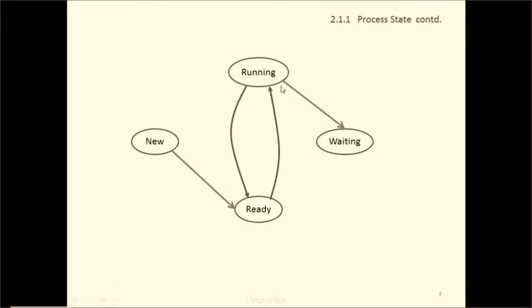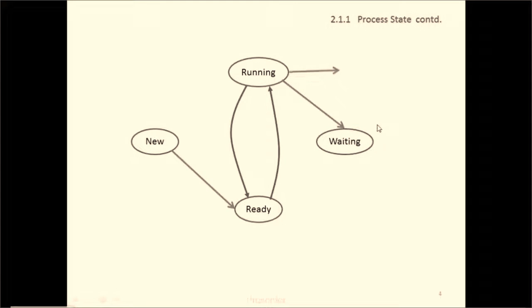So the better thing is to take away the CPU from such a process and put it into the waiting state. When the I/O is complete, something else will be done with the process. Or it might be waiting for a message from another process in the system. It goes into the waiting state. There are a number of reasons why a process goes from running to waiting. We'll be going into the details of all these as we proceed.